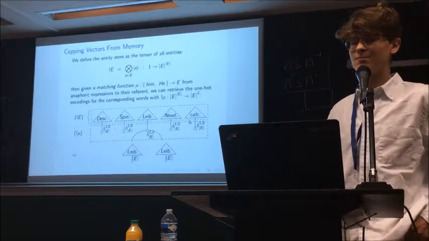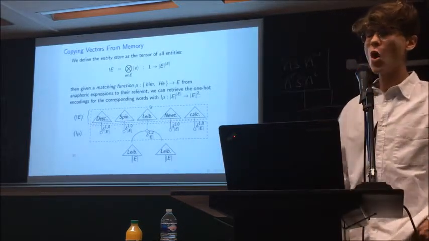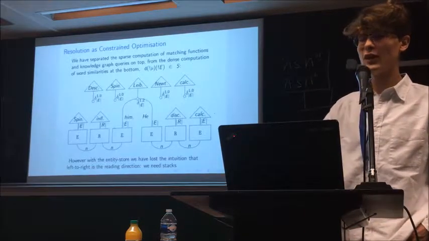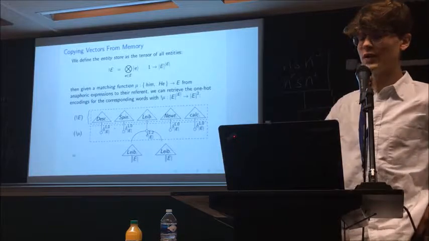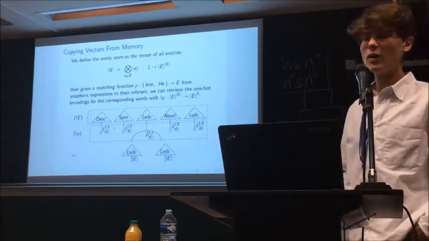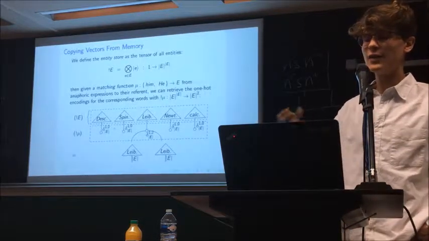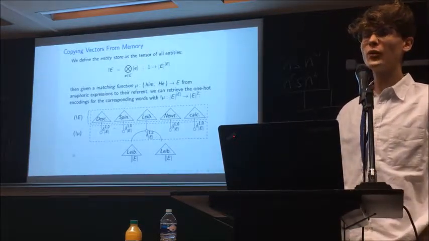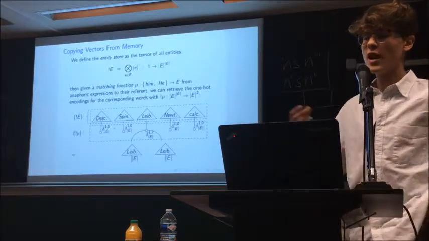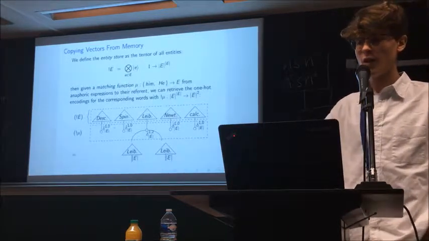But once we have this entity store, we can build from the matching function a process which takes this store and retrieves the vectors from memory. So in this particular case, let's say the entities we know about are Descartes, Spinoza, Leibniz, Newton, and calculus, and we take the discourse just before, so the sequence of sentences just before, and we decide to map Leibniz to both him and he.